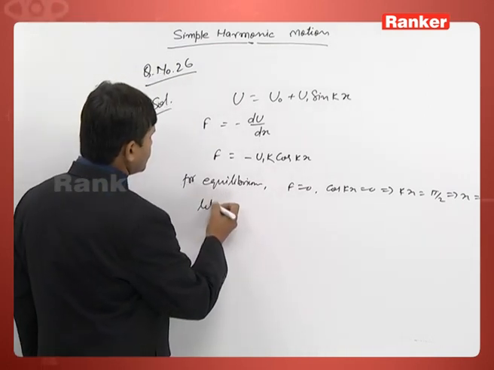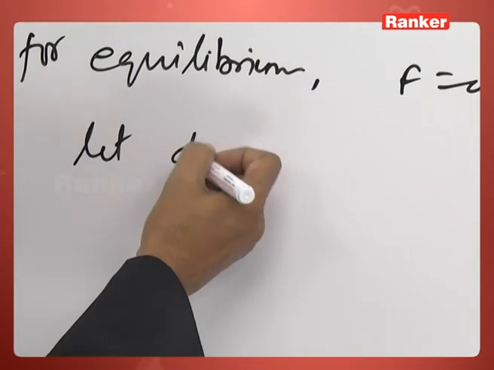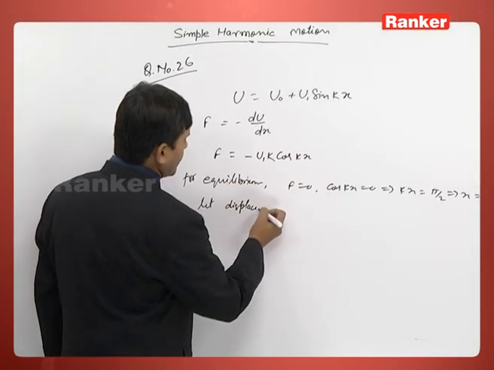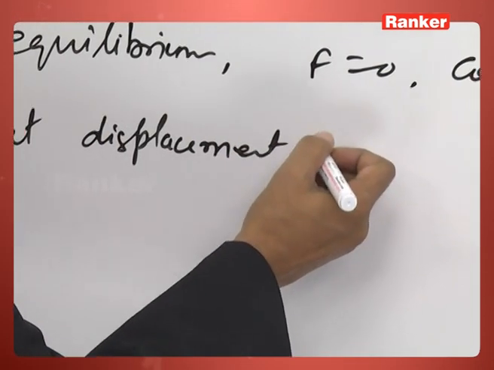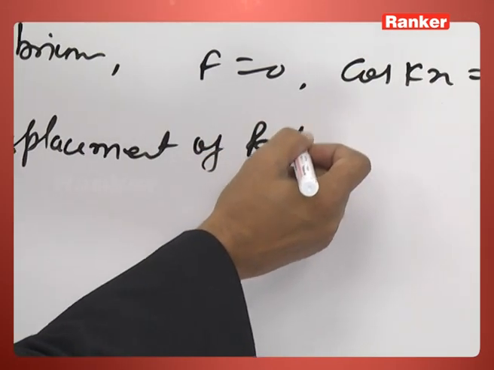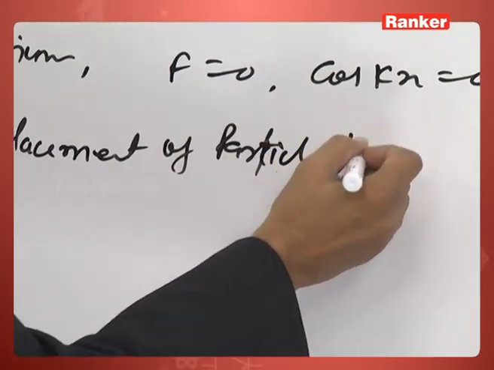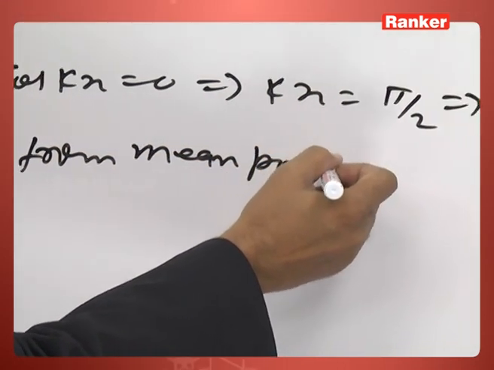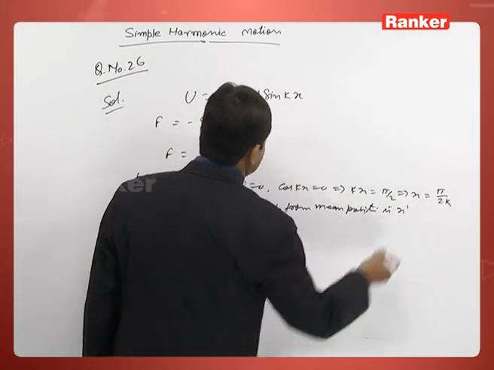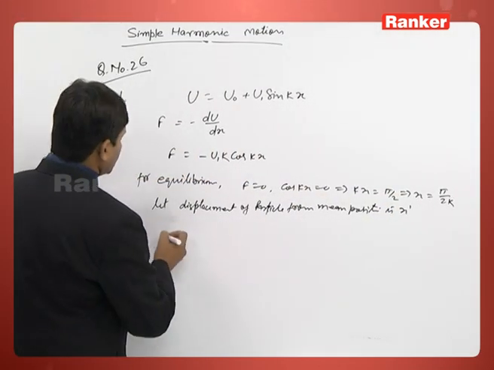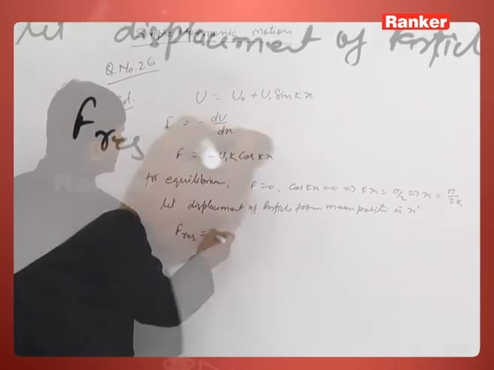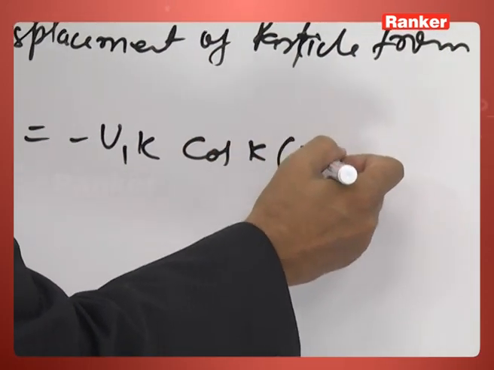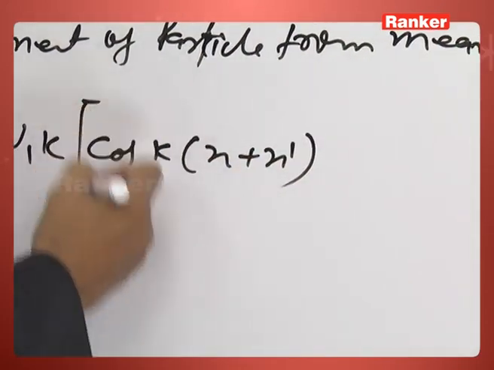Let the displacement of the particle from the mean position be x dash. So the restoring force F restoring is minus U1 k cos of kx plus x dash.